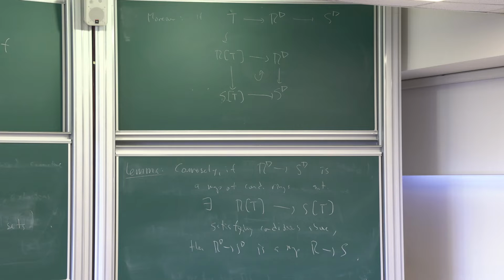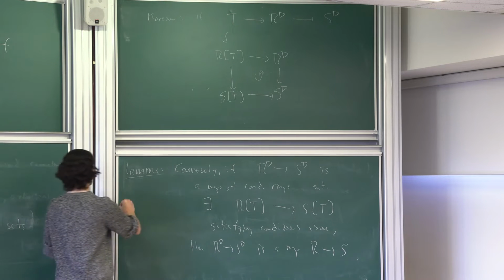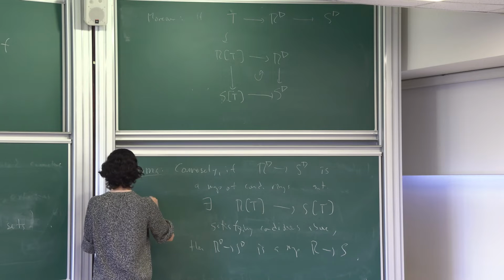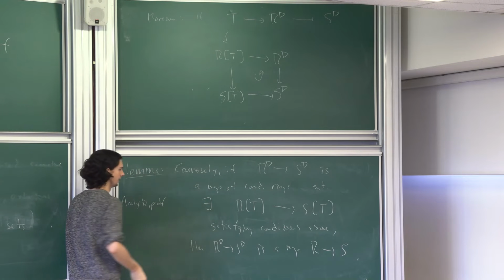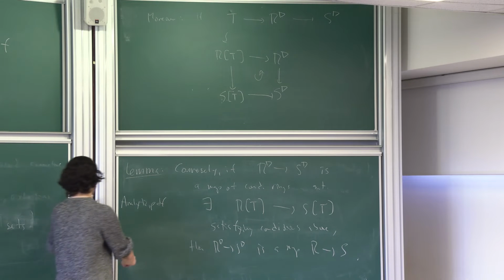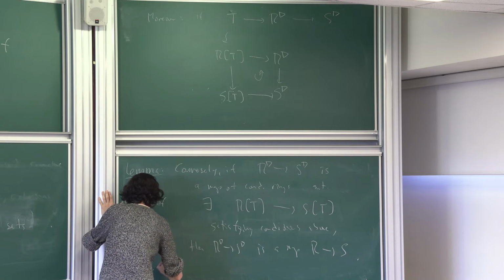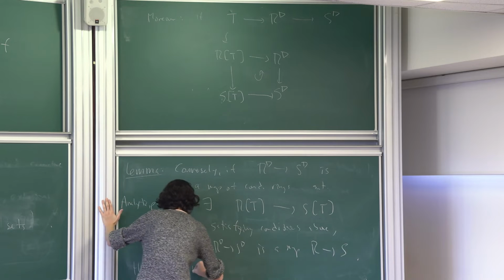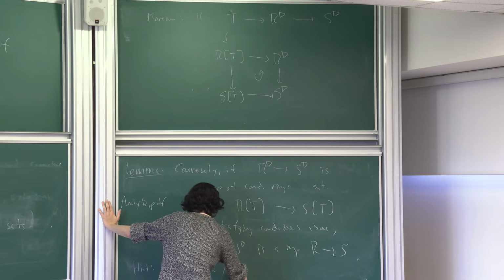Let me maybe give a hint of the argument. It's in the notes from a previous iteration of this. A hint of the argument is that mod R is monadic over condensed sets.